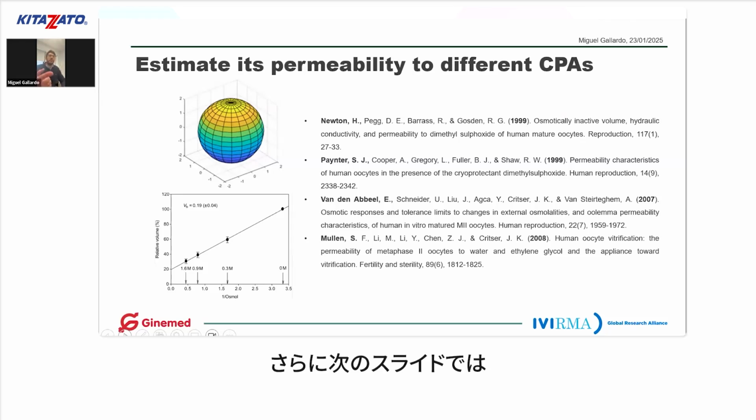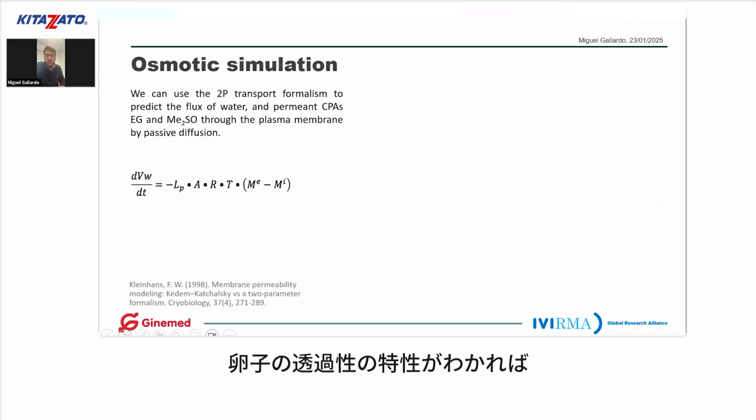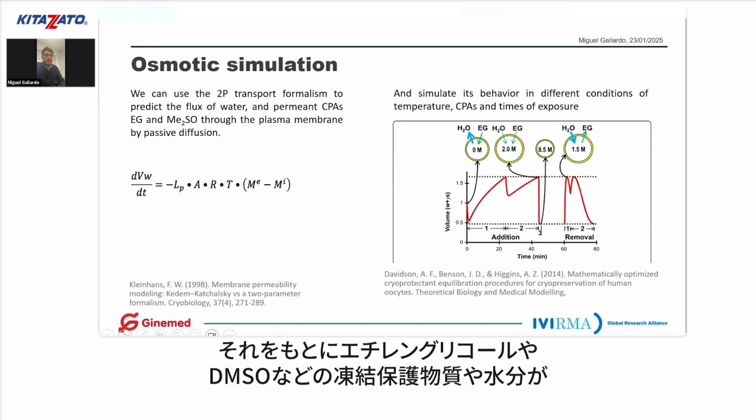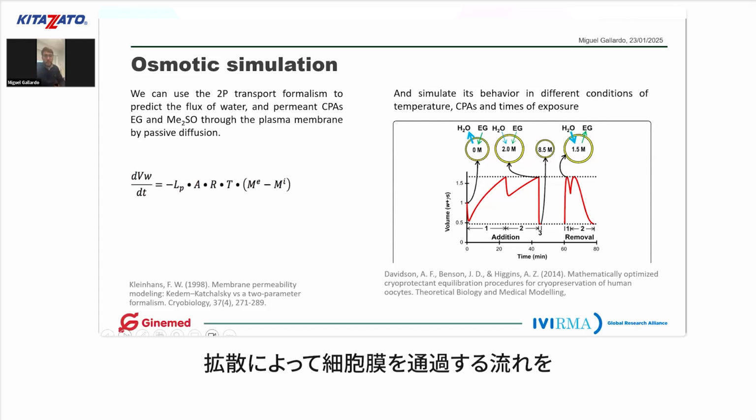And not only that, but furthermore, in the next slide, we can see how once we know the permeability characteristics of the oocytes, we can use it to predict the flux of water and the permeant CPAs, such as ethylene glycol and DMSO, through the plasma membrane of the oocyte.